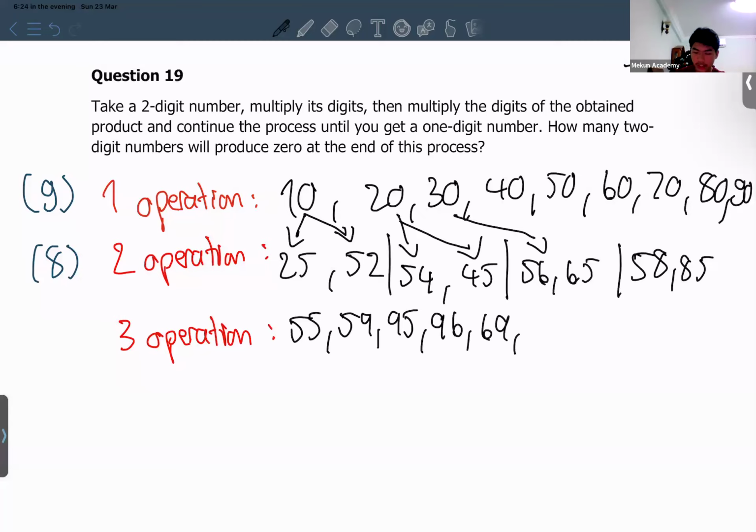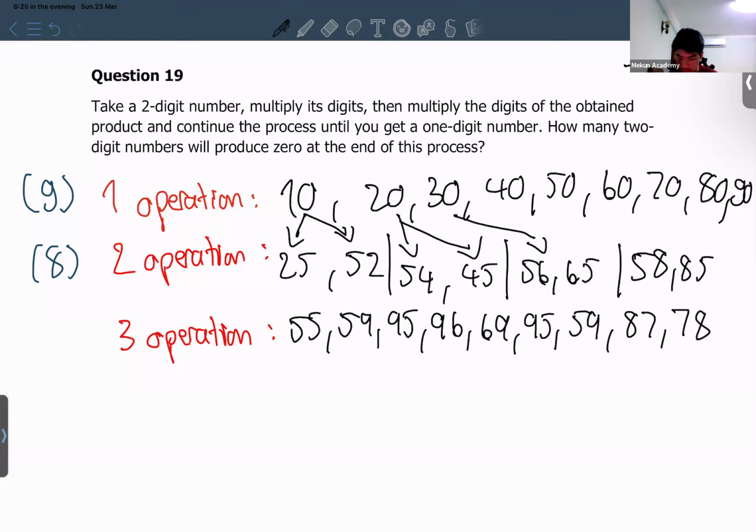For 45, which is 9 times 5 or 5 times 9. For 56, which is 8 times 7 or 7 times 8. And for 65, which is 5 times 13, that's already a three-digit number, so we cannot take it into account.